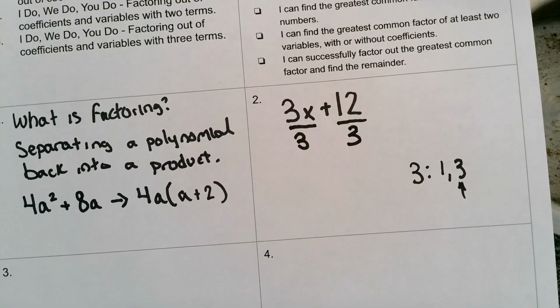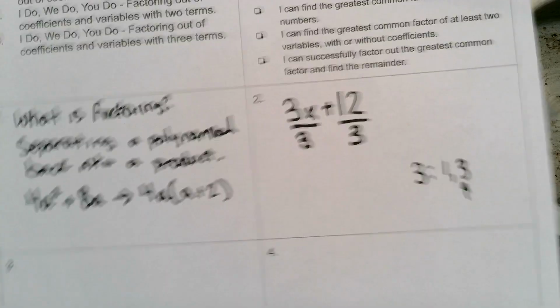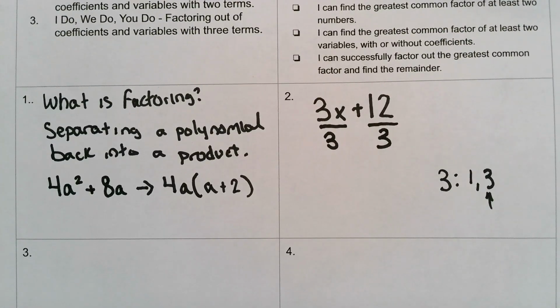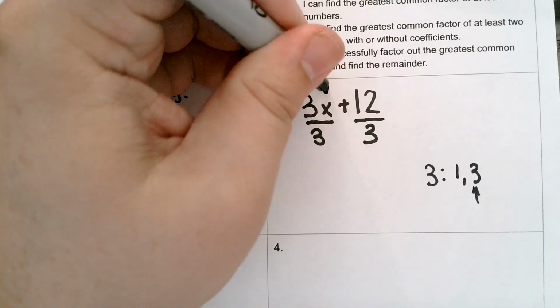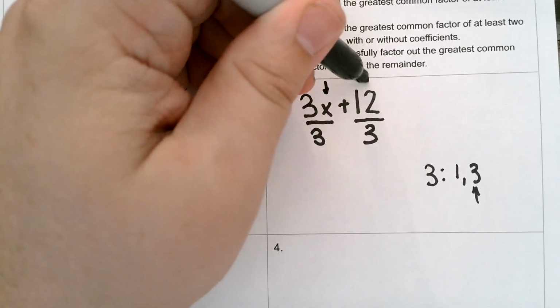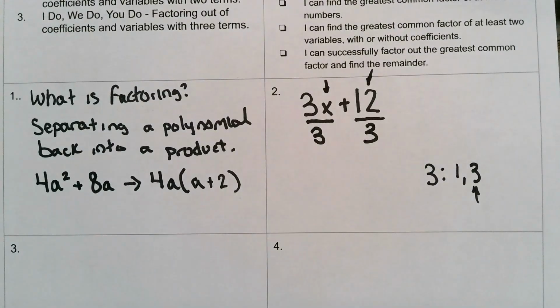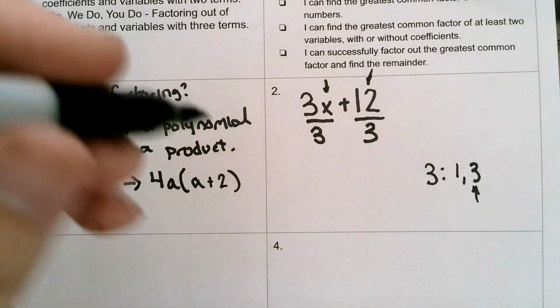So now the question becomes, do I have a variable I can take out? And the answer to that is no, because while there's an x here, there is not an x here. So you can't pull out an x when there isn't one. So our GCF for this is 3.